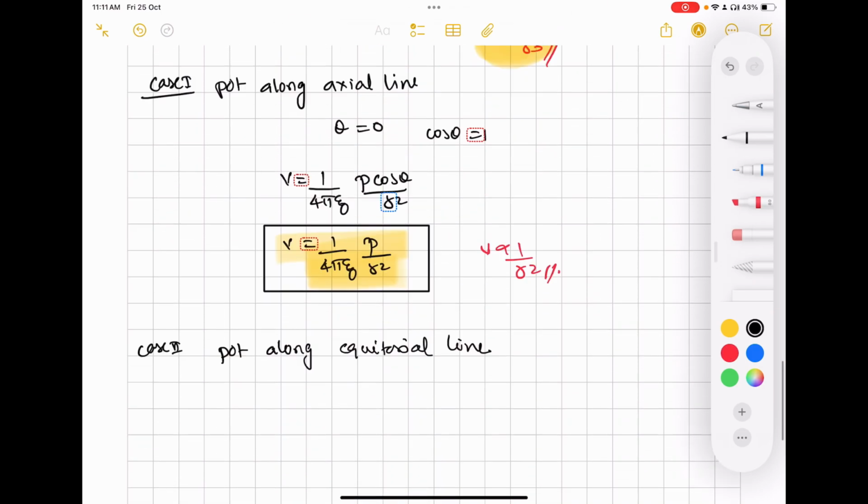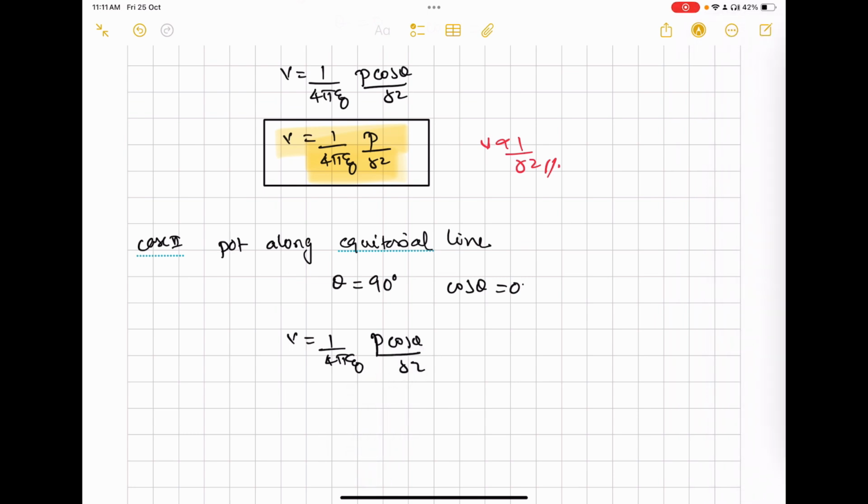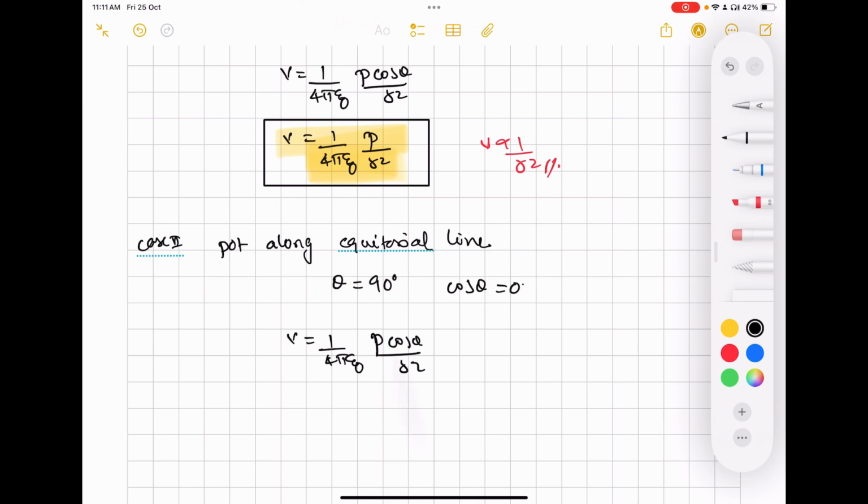So here theta is equal to 90 degrees, and cos theta is equal to 0. We have the potential V equal to 1 by 4 pi epsilon 0 P cos theta divided by r square. Here cos theta is equal to 0. Therefore, potential is equal to 0. So we can say that the potential due to a dipole along the equatorial line is 0.